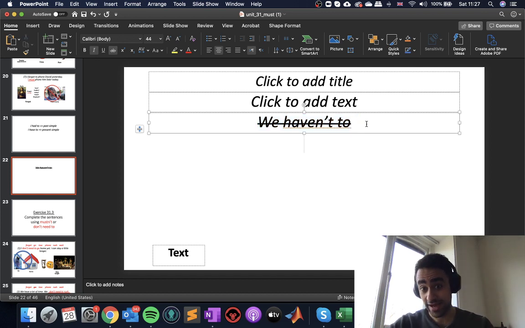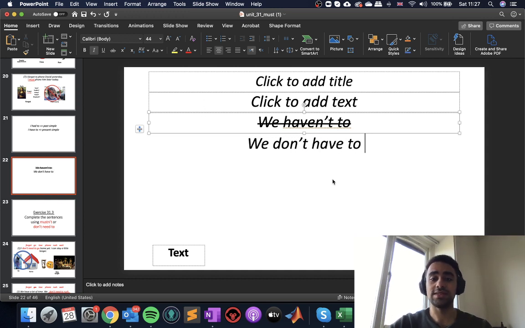If we want to use the negative version, we do it similar to what we're doing in any present simple. We don't have to. So it's the same as any present simple sentence. Have is our verb. If we want to use the negative version of it, we use don't, or doesn't if it is an individual that has does.